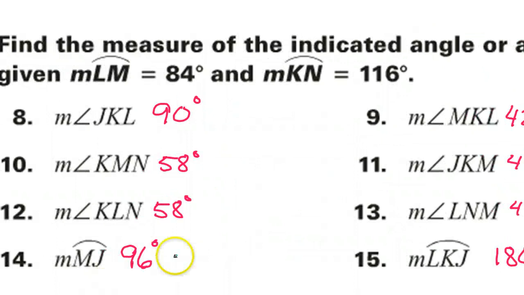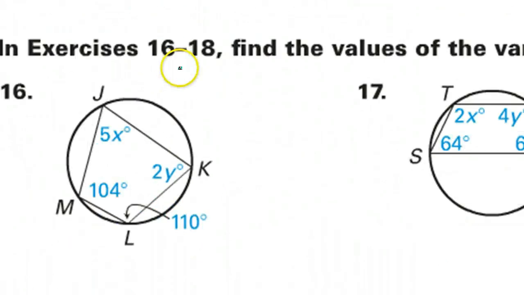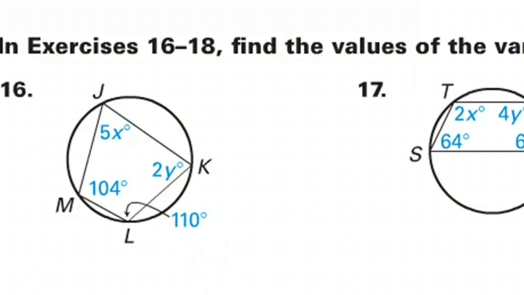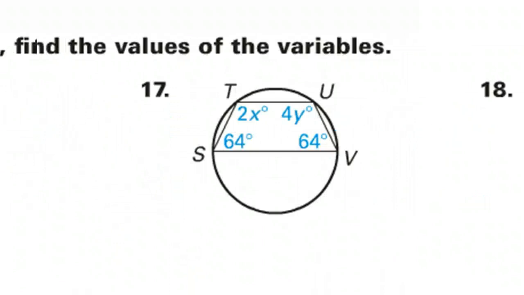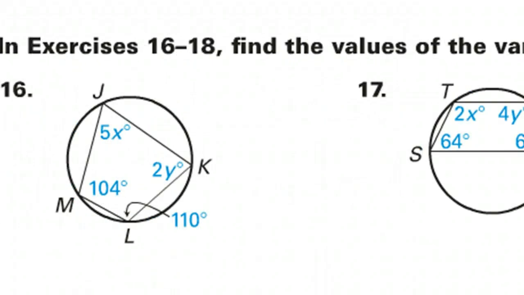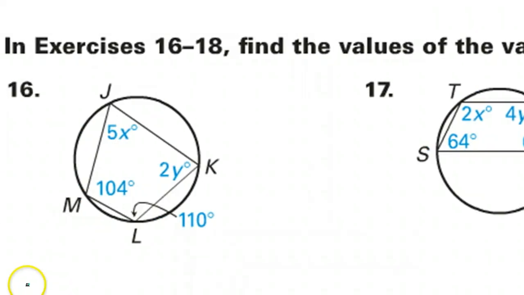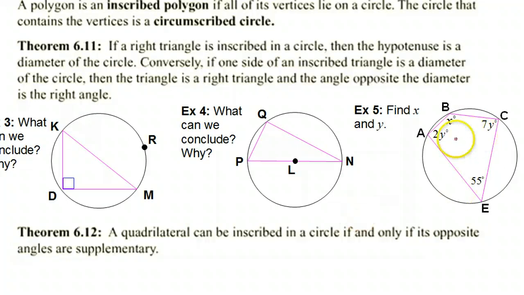Alright, I'm going to go ahead and squeeze in these problems down here at the bottom, 16, 17, and 18. These three problems rely on another bit of knowledge that we learned. We learned that a quadrilateral can only be inscribed in a circle, that means drawn with the vertices on the circle, if the opposite angles are supplementary.